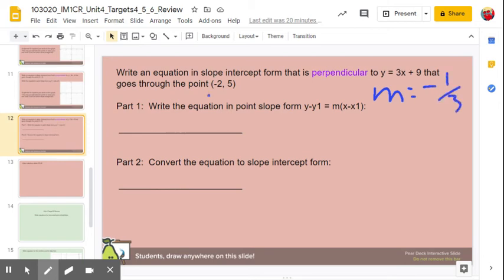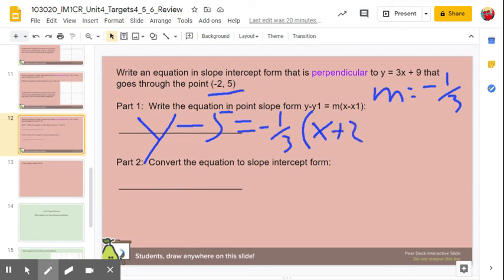All right, our x1 is negative 2, our y1 is 5. Let's put it into the formula here. Ready? Y minus 5 equals negative 1/3 multiplied by x minus negative 2, so it's going to become plus 2.